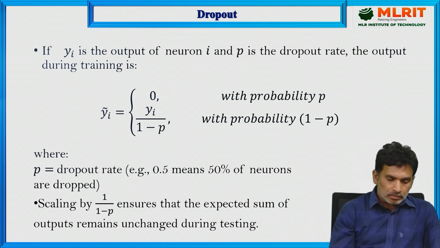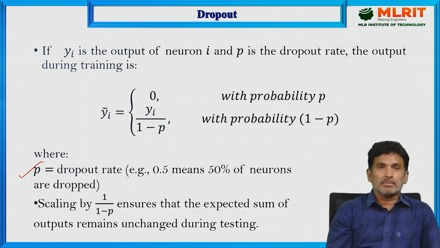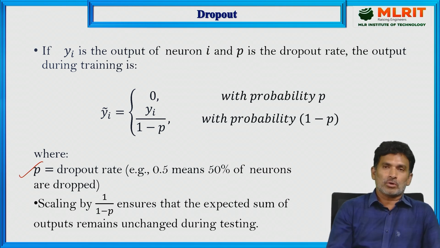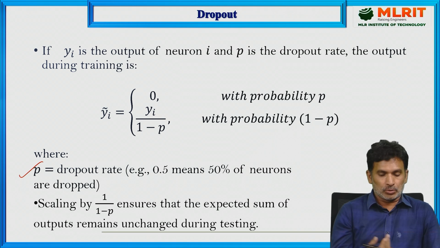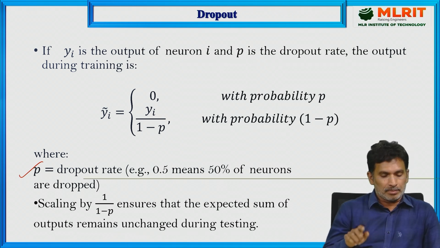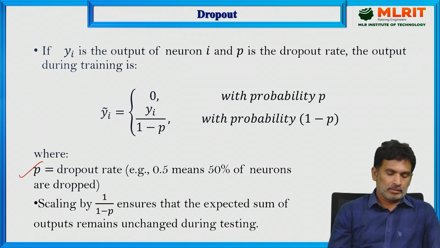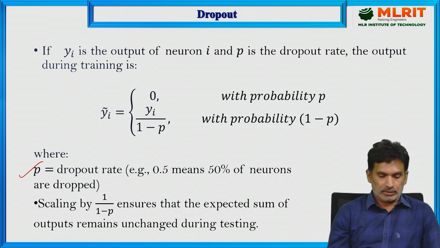Here p is the dropout rate, for example, we can set it to 0.5, which means 50% of neurons will be dropped. If set to 20%, 20% of neurons would be dropped. These are all parameters to be tuned to get a more generalized model. Scaling by 1 minus p mainly ensures that the expected sum of outputs remains unchanged during the testing.